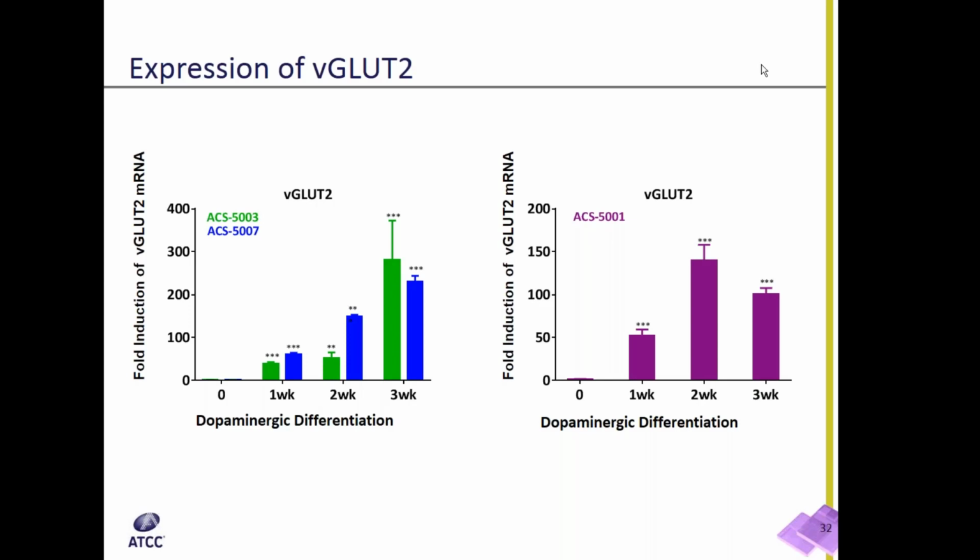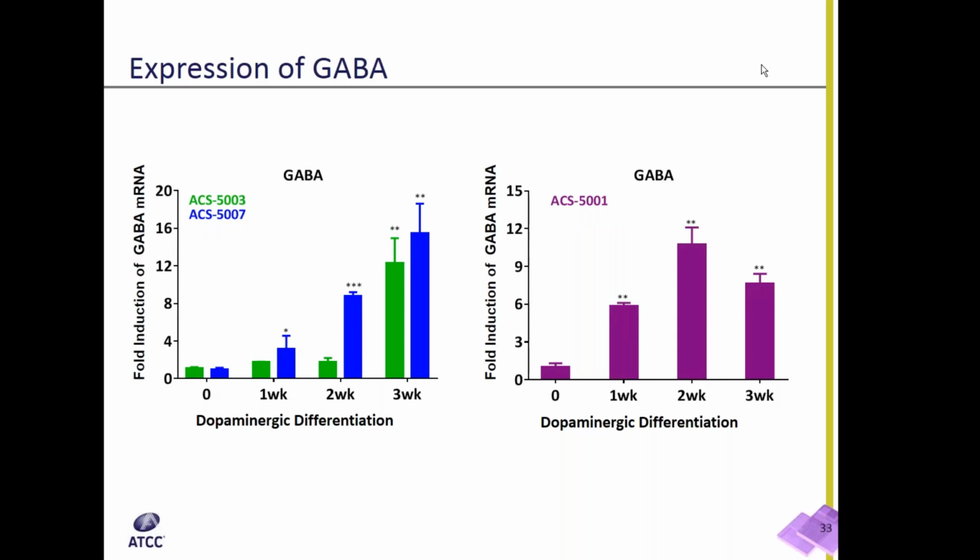So we saw that the mRNAs of all 3 genes increased significantly in a time-dependent manner during neuronal differentiation in normal and Parkinson's NPCs, indicating that there was a presence of glutamatergic neurons after 3 weeks of culture in our media. Here we looked at the expression of a receptor of gamma-aminobutyric acid, aka GABA.